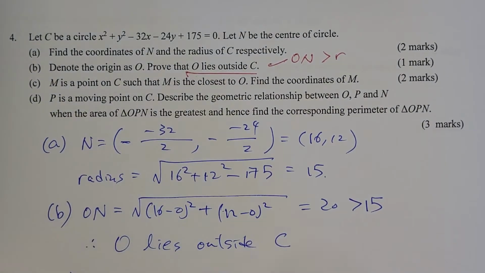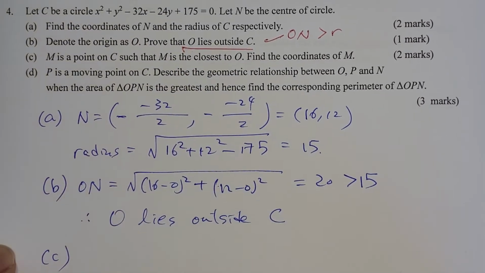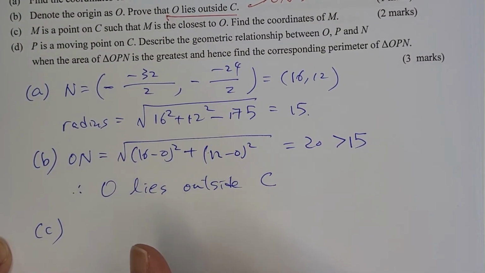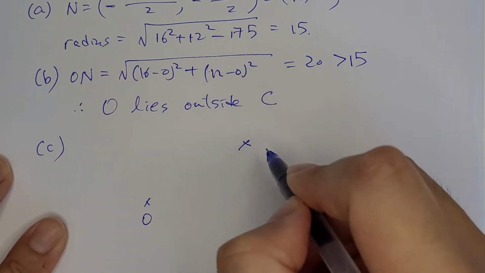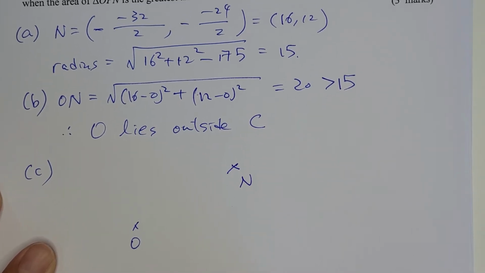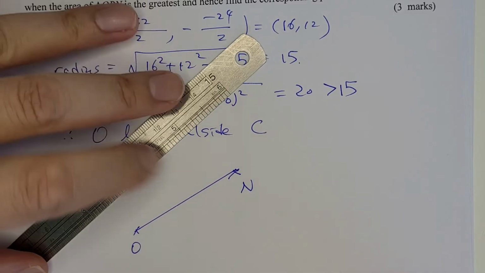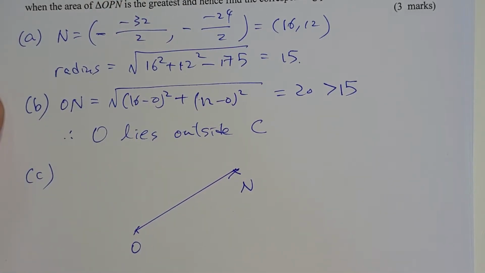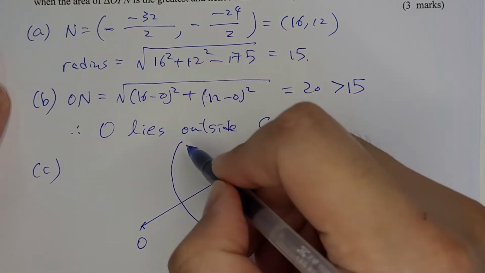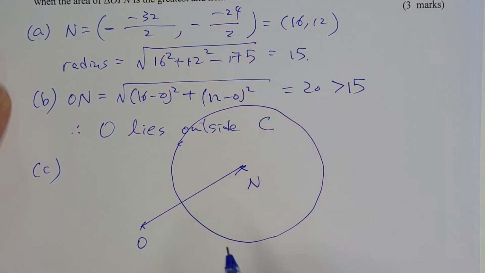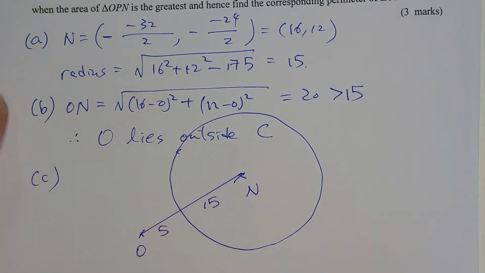So, part C. M is a point on the circle such that M is the closest to O. What does that mean? Suppose there's a point O, and there's a point N, the center. ON is 20. And there's a circle with center N and radius 15. So here there is 5.